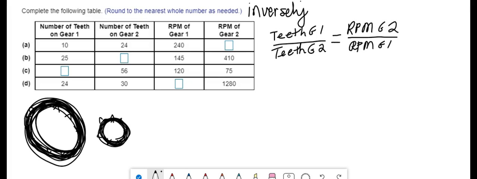Notice I did not put those equal to one another. So this is the formula we're going to use for all the questions on A through D.